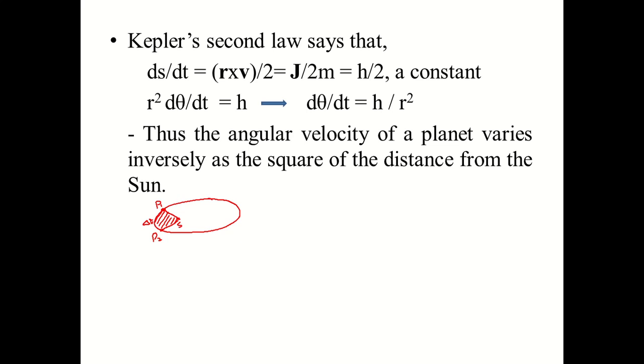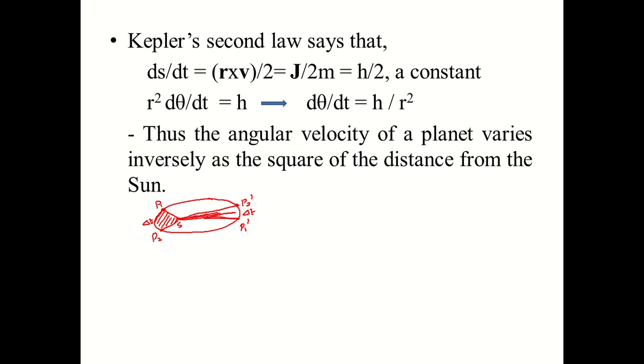after a long time, suppose the planet reaches another position, let's call it P1 prime, and after the same time interval delta t, the planet reaches the position P2 prime. Then SP1 prime represents the radius vector when the planet is at the position P1 prime, and SP2 prime represents the radius vector when the planet is at the position P2 prime.